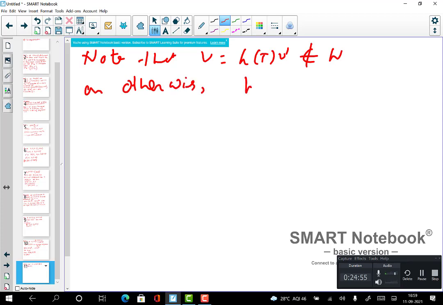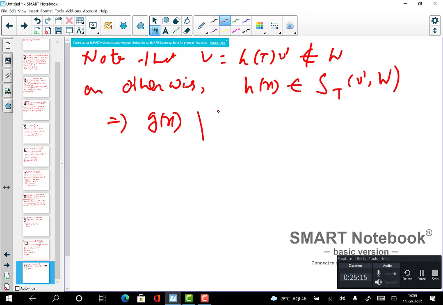Otherwise h of x will be an element of the T-conductor of v', and this implies g(x) divides h(x), which is a contradiction because h(x) is a factor of g(x), so this is a contradiction.